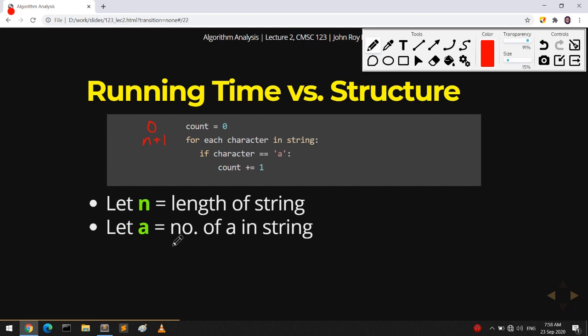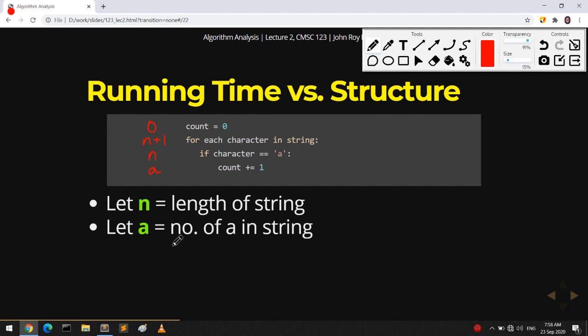How about this one? If character is equal to A, this line will be run n times because the inner part of the loop will run n times, 1 for each character of the string. And finally, count plus equal to 1. How many times will this be run? It's not n times because it will only be incremented if the character is equal to A. So this will actually be run a times, because a is the number of A's in the string.